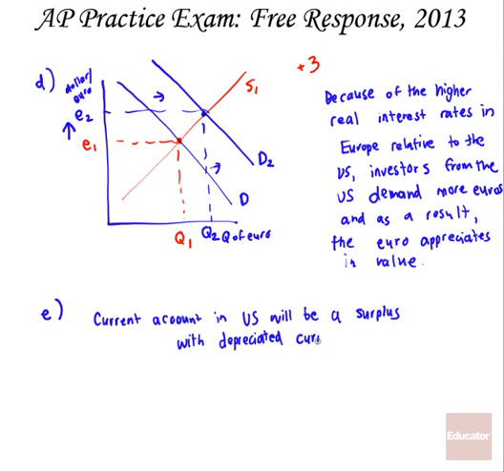But with a depreciated currency, there's going to be a current account surplus in the US, which currently we don't have in the United States as of the filming. But in this situation, assuming you start at a current account balance of 0, with that depreciated dollar you're going to have a current account surplus. So that's question number 1.